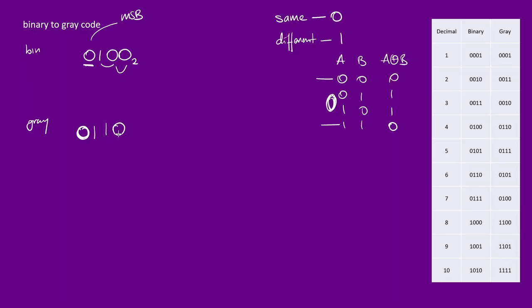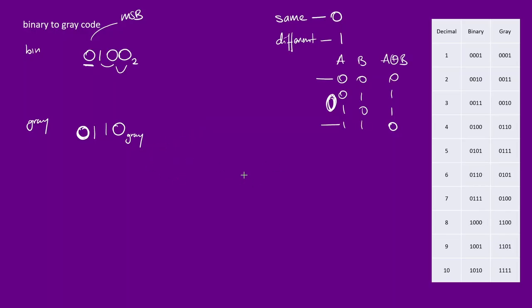So that makes it a 0 in gray code. Okay, so that should be on the table. Exactly. So while 4 in decimal is 0, 1, 0, 0 in binary, in gray code it's going to be 0, 1, 1, 0.